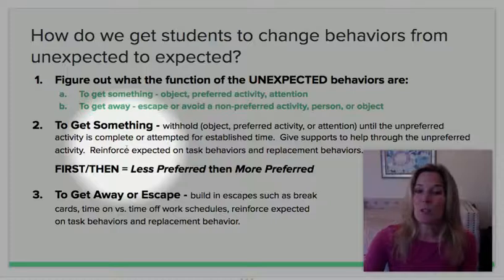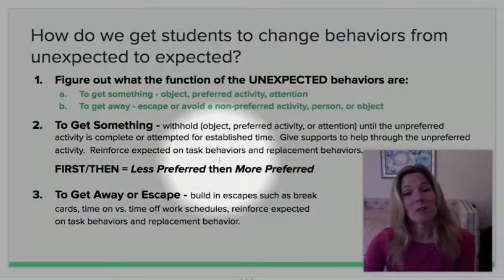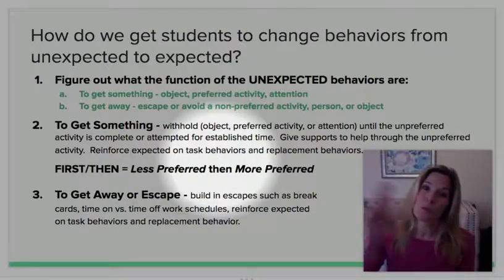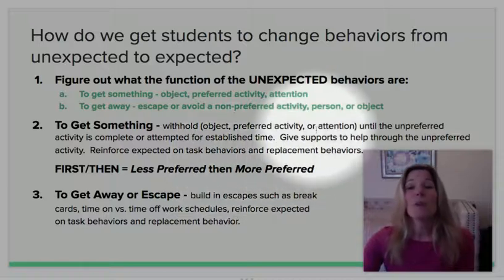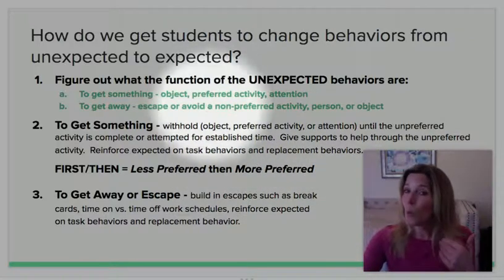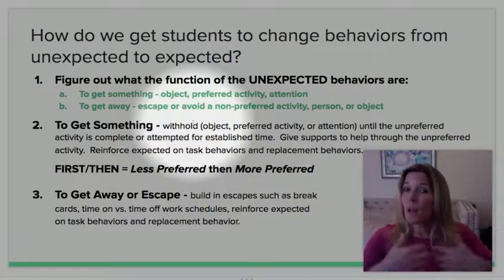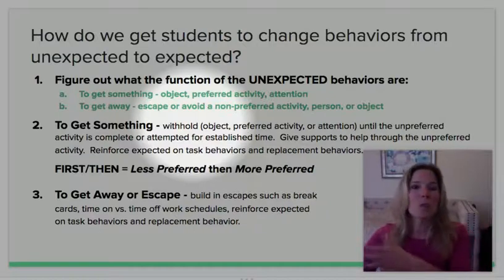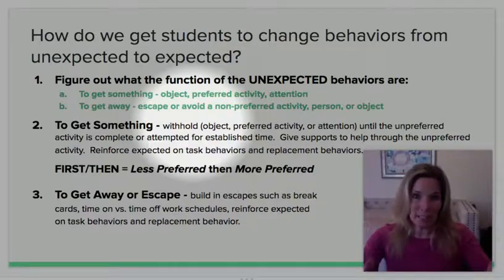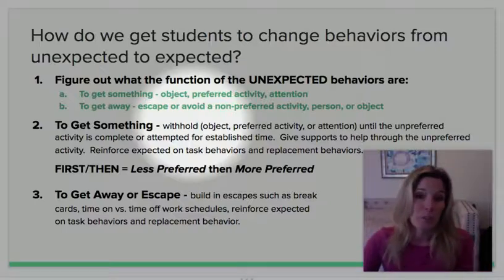I might need to reinforce expected on-task behaviors. I might have to reinforce the replacement behaviors. But I'm going to need to withhold that attention or withhold that object until they do what they need to do. And then I can give them access, and it's more as a reinforcer.